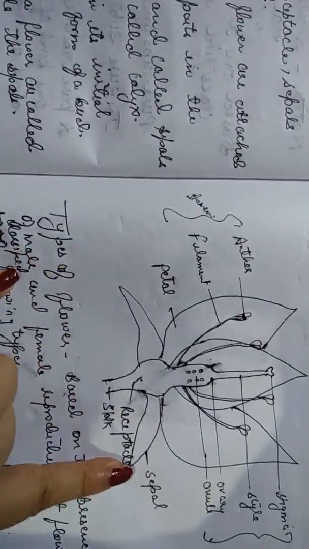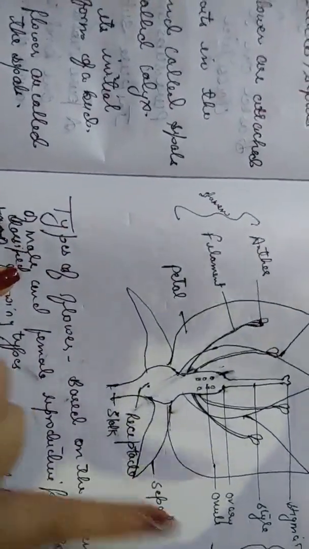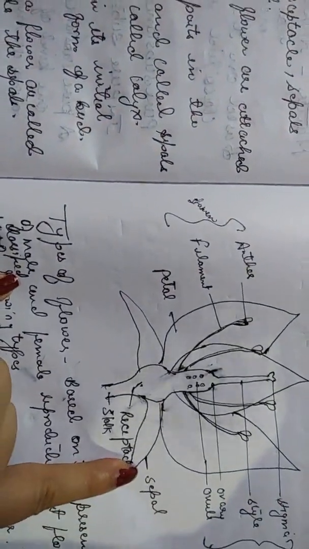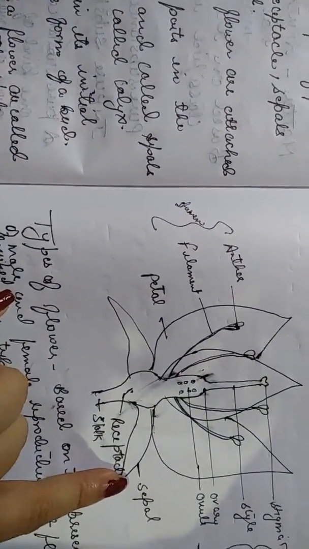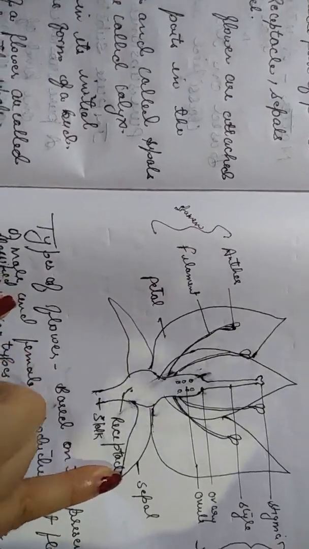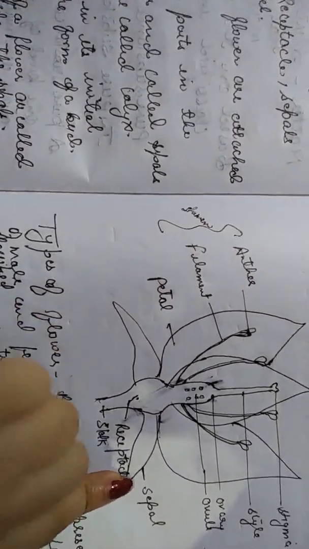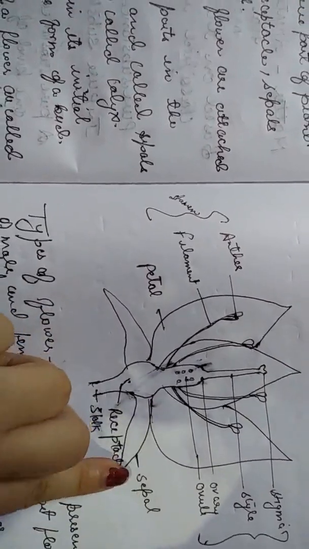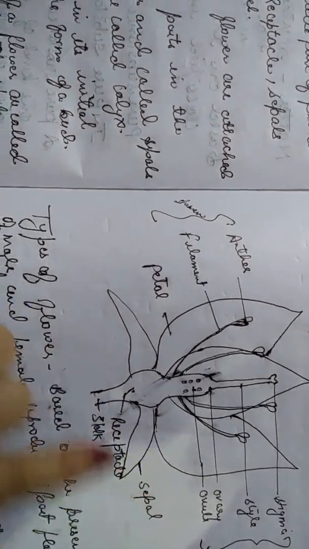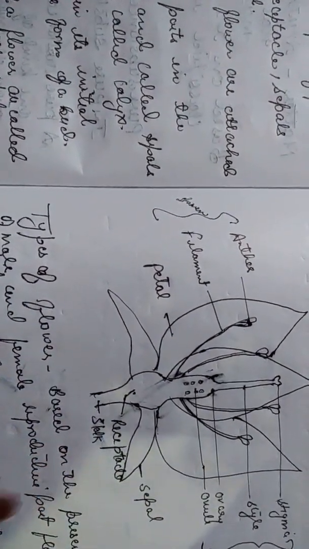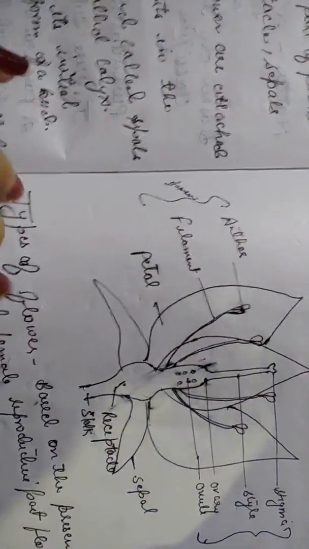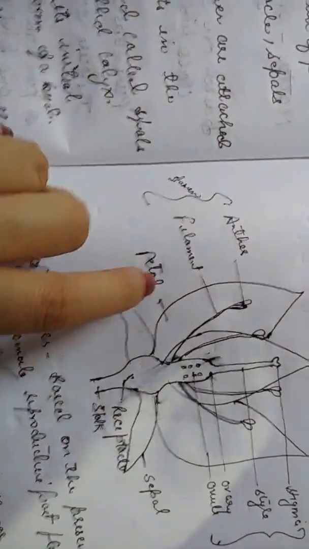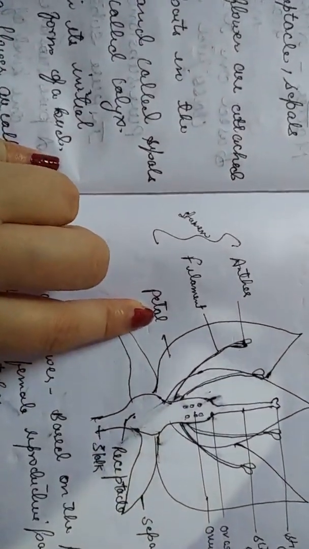The green leaf-like parts in the outermost circle of a flower are called sepals. All the sepals taken together are called calyx. The function of sepal is to protect the flower in its initial stage when it is in the form of bud.